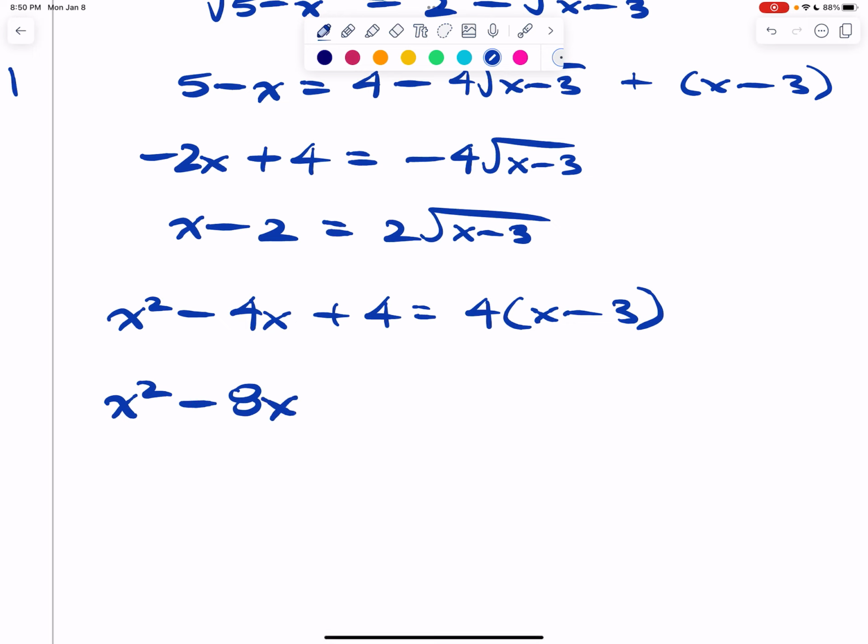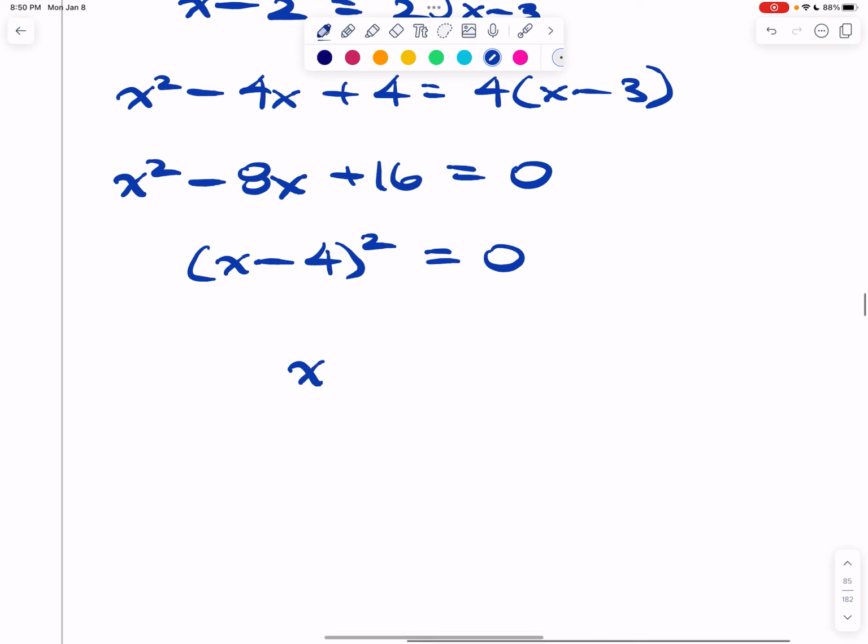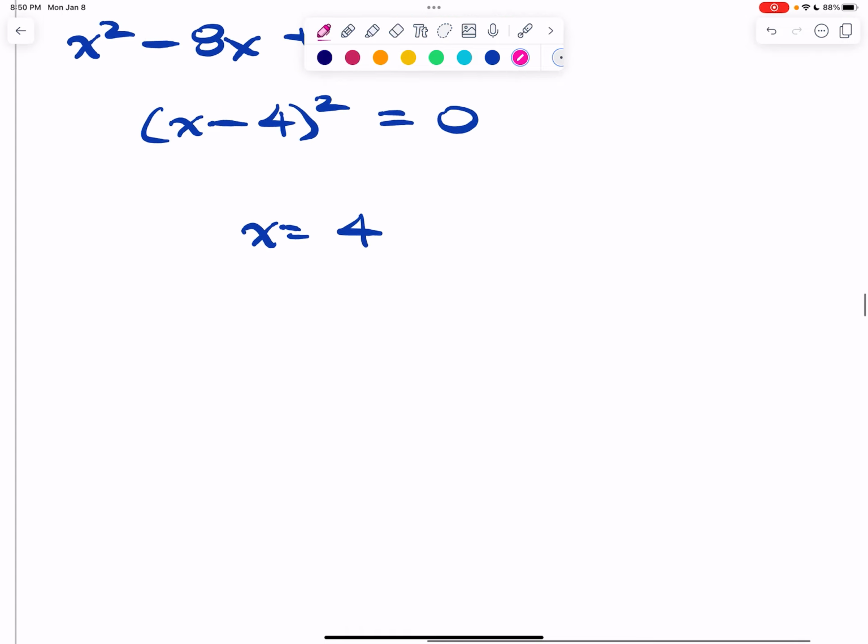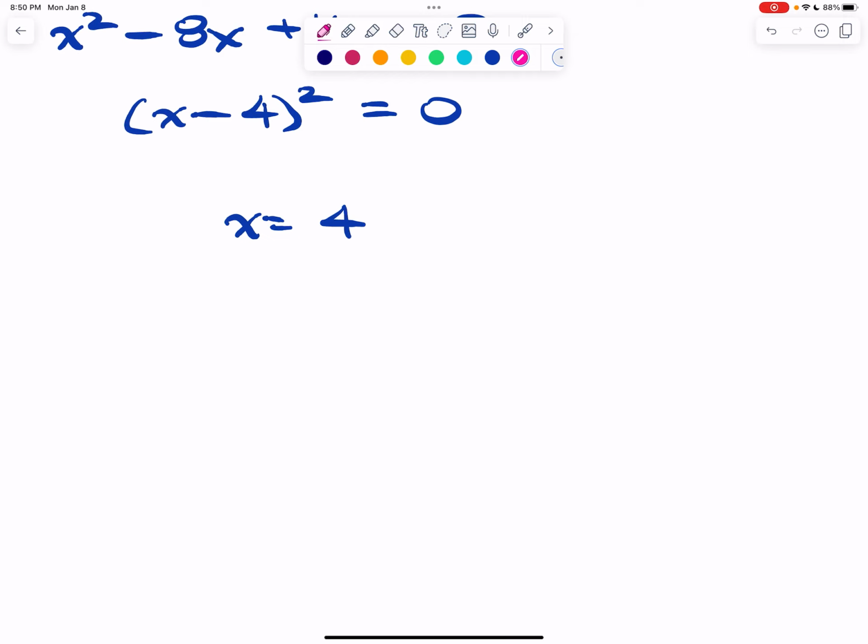And then 4 plus 12 is 16. So this gives us just the one possible solution of x equals 4, only one thing to verify. At this point, we've gotten 3 marks. We'll find out if it's a 3 or 4 mark question by verification. But on a test or quiz, you will see the mark value associated with it, and you can use that to kind of give yourself hints as to what to expect.